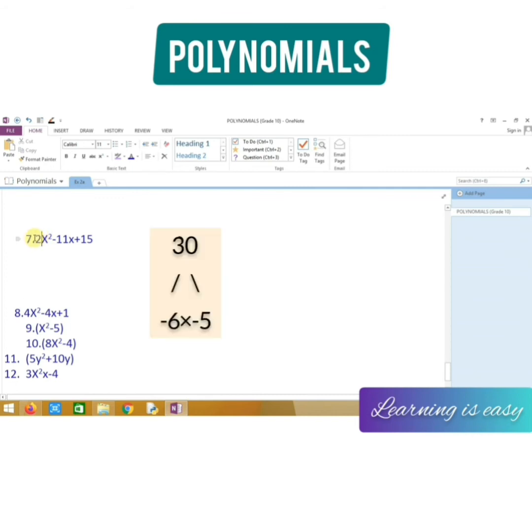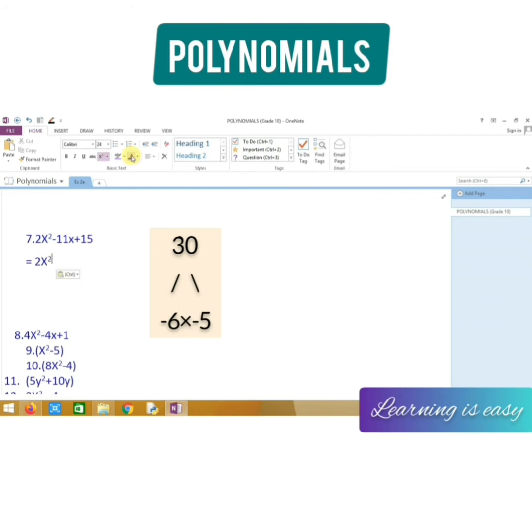So here 15 into 2 is 30, which can be written as minus 6 into minus 5 to get minus 11x. Minus 6 plus minus 5 is 11. So which can be rewritten as 2x squared minus 6x minus 5x plus 15.